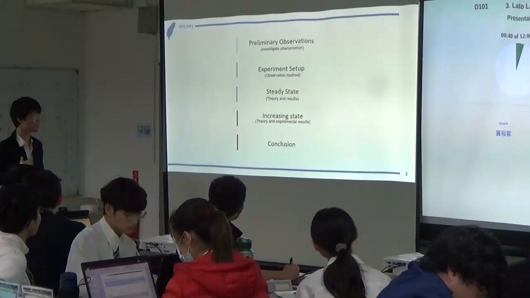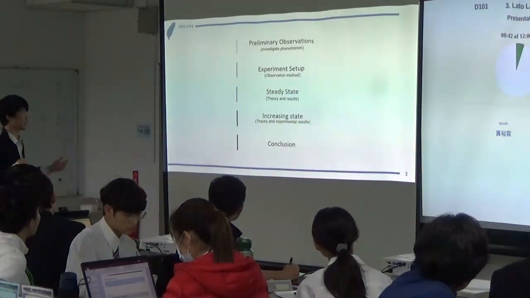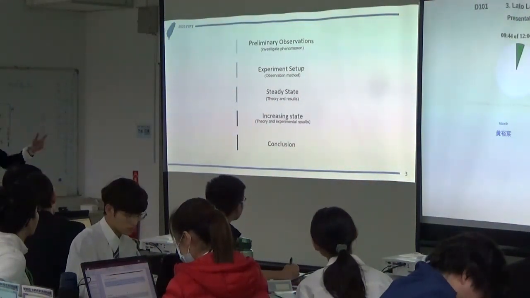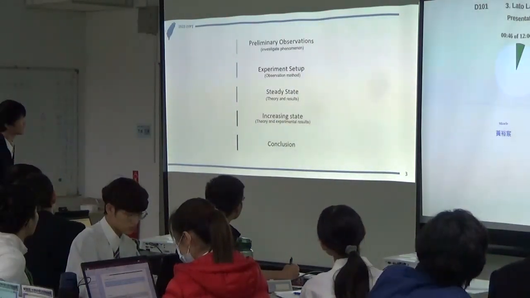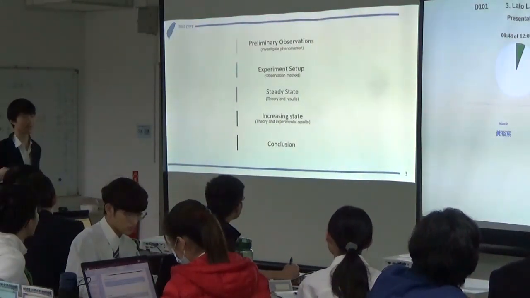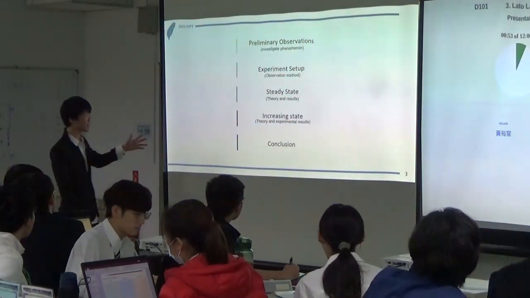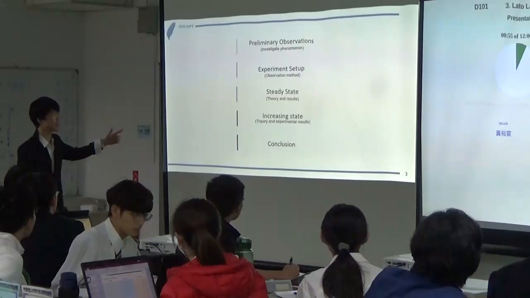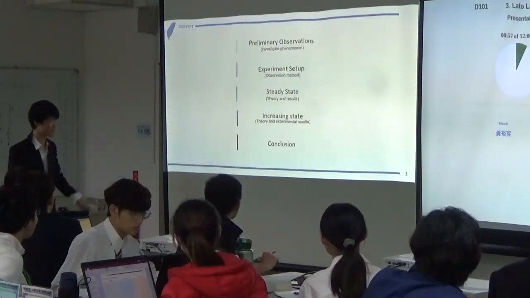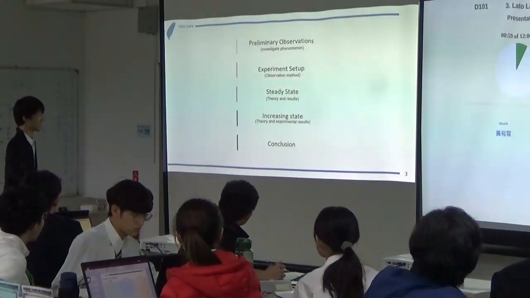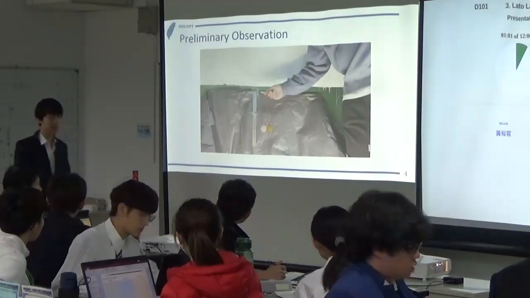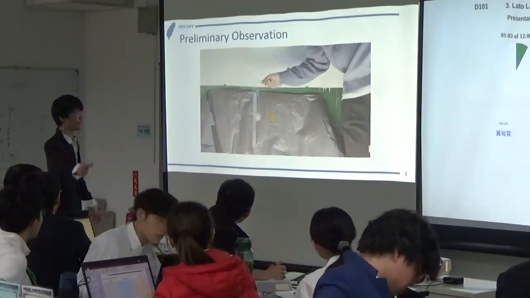My presentation will be in this order. First of all, I'm going to talk about the preliminary observation and my experimental setup. Then I'll talk about the experiment and theory of steady state and increasing state. The last part is the conclusion. First, let's see the phenomenon.